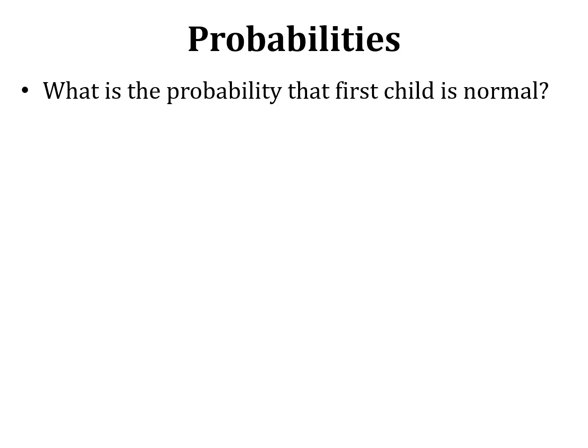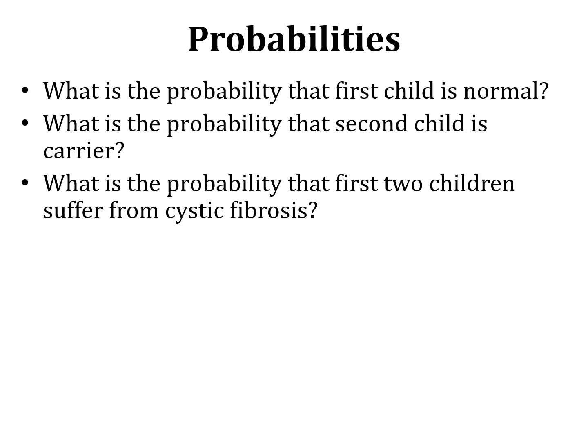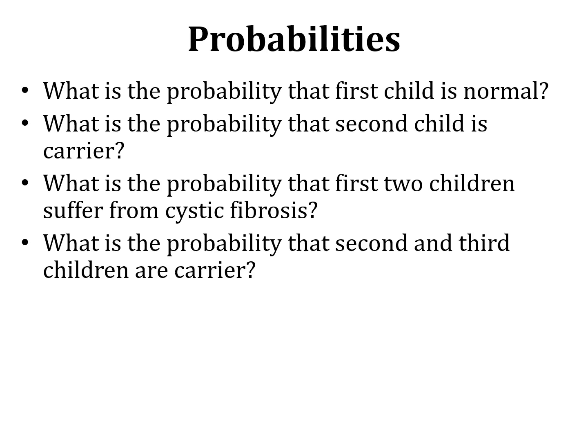Now, in the cross that we discussed in the previous slide, the cross of two heterozygous individuals with genotype frequencies of 1, 2, 1, we have different questions. The first question is, what is the probability that the first child is normal? The second, what is the probability that the second child is a carrier? The third, what is the probability that the first two children suffer from cystic fibrosis?